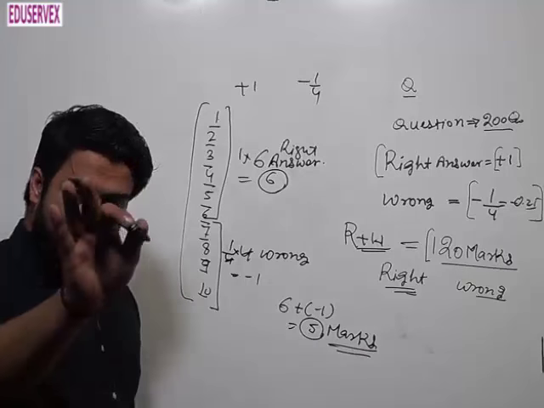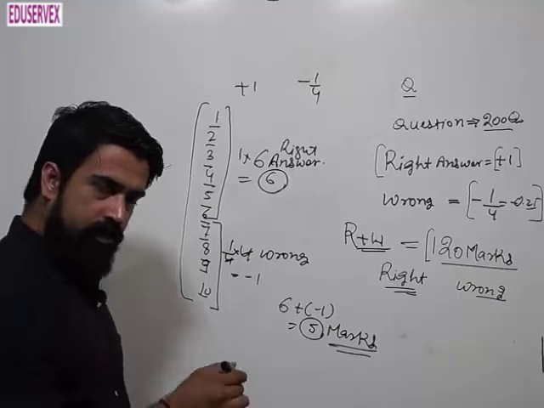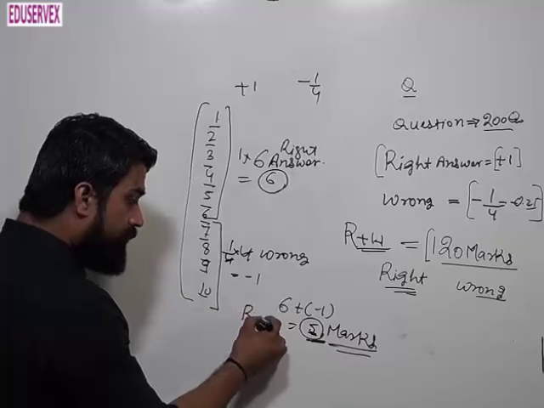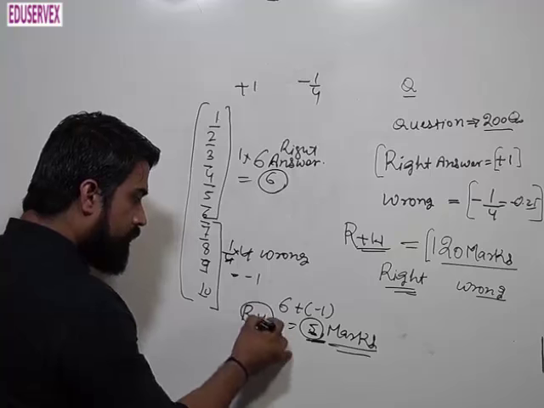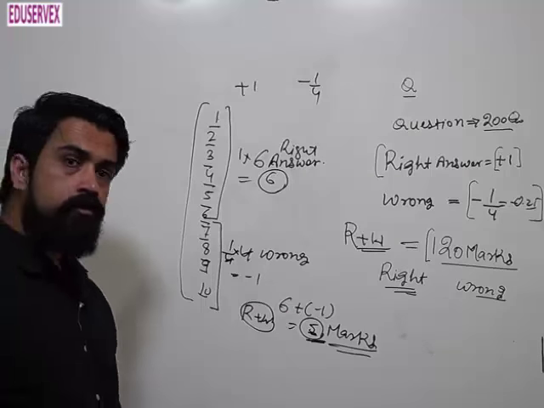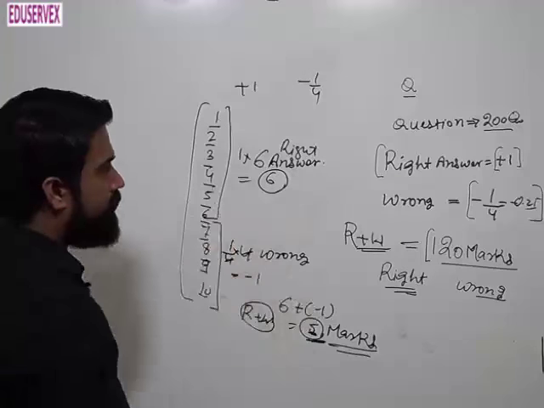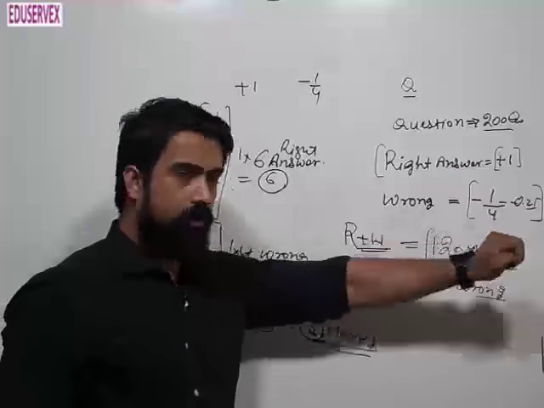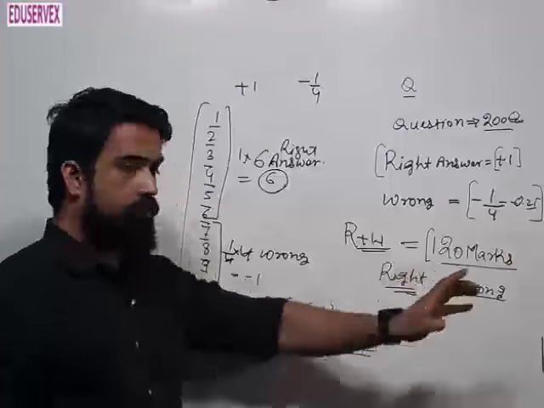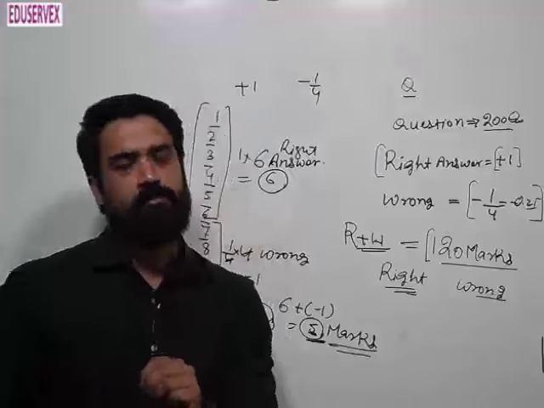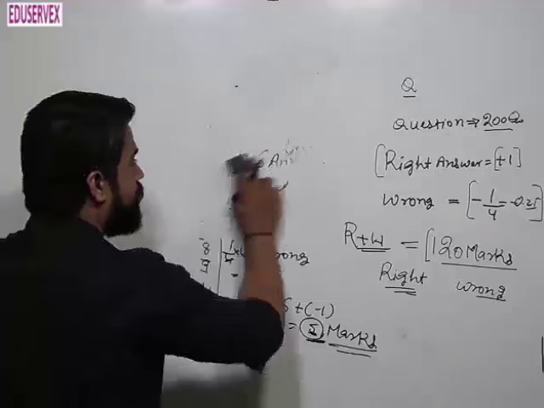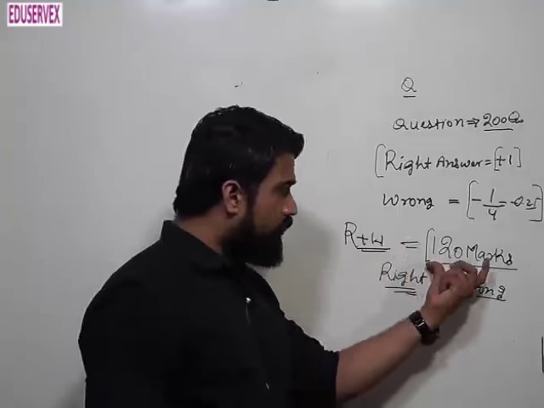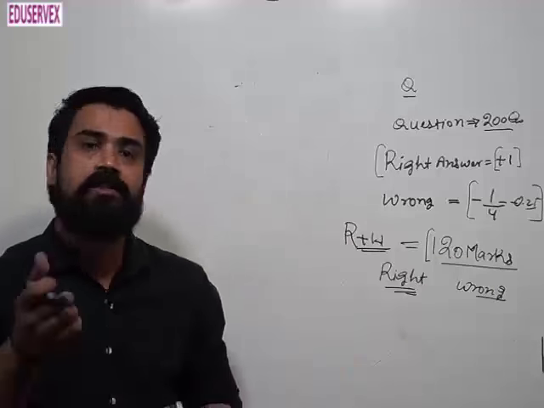So all the students watching this video will agree that this 5 is a mixture of right plus wrong. With this small example, we'll go to the big question, that is 200 questions. Right 1, wrong -1/4, and total marks 120. Now, if this is a mixture of right and wrong, let's take an example.